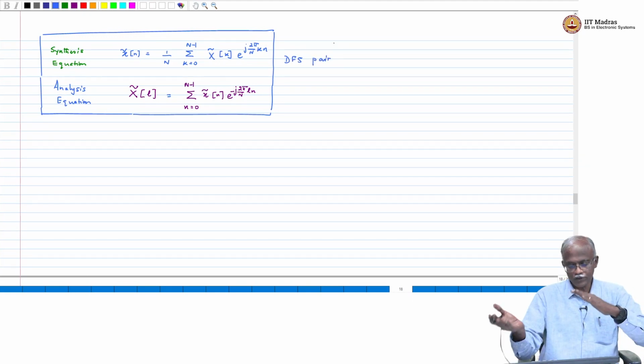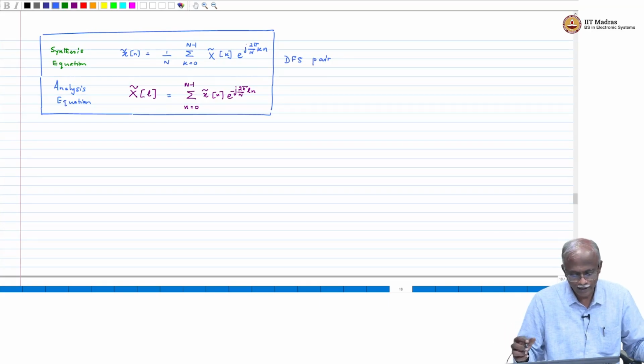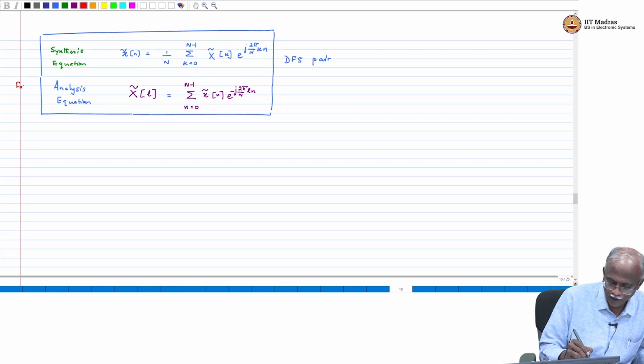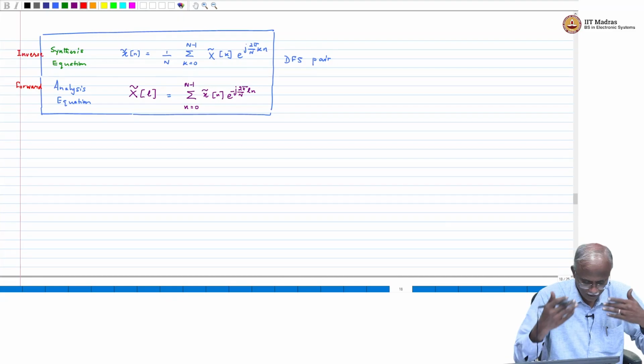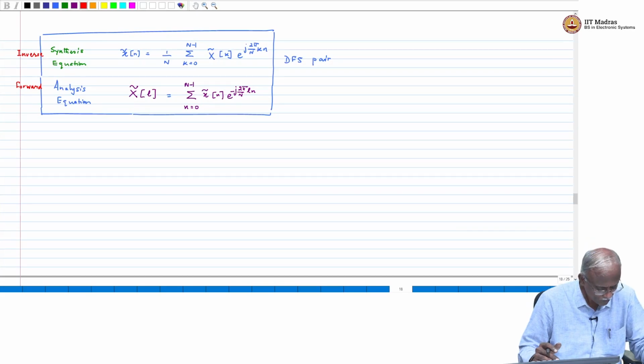The forward transform and the inverse transform, so it's also called the analysis equation, synthesis equation. This is called the forward transform from the time domain going into the frequency domain, and this is the inverse transform, going from the frequency domain back to the time domain. In terms of the sequences, one is called the synthesis equation, the other one is called the analysis equation.